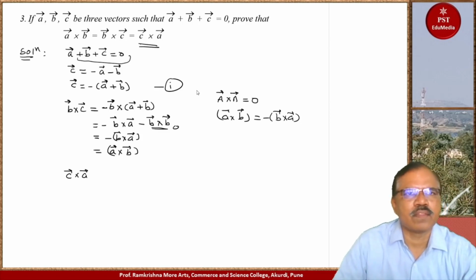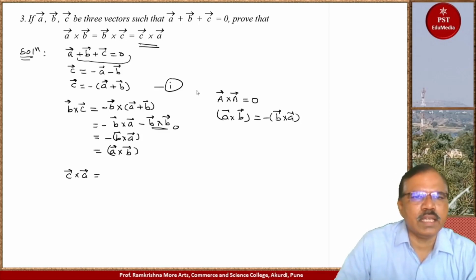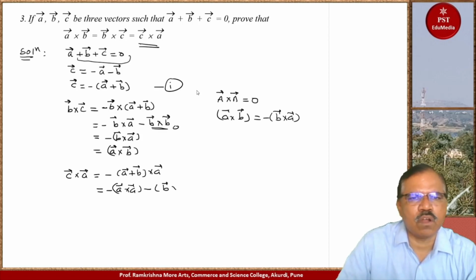C cross A is equal to minus A plus B cross A. Now see here, minus A cross A minus B cross A. So A cross A is again 0. So we get here minus B cross A, or it is equal to A cross B.